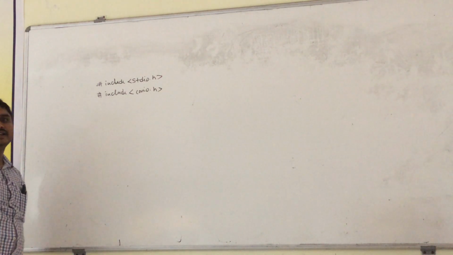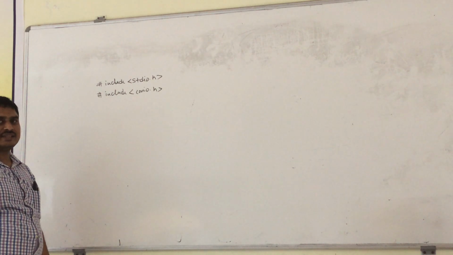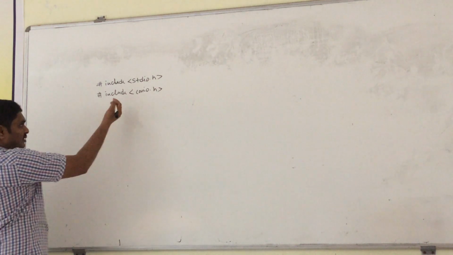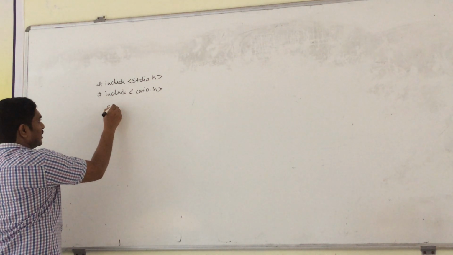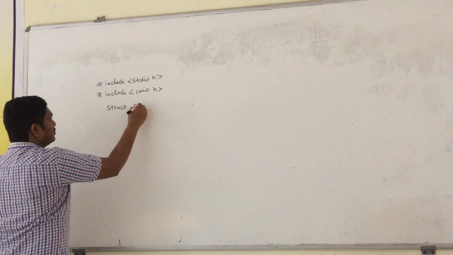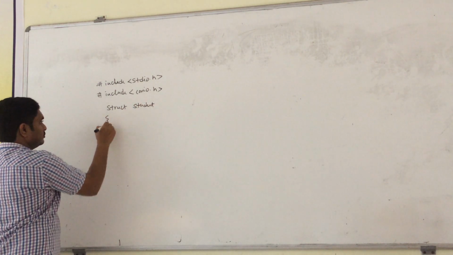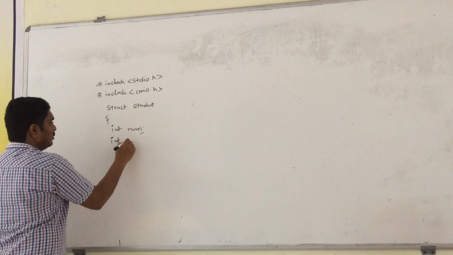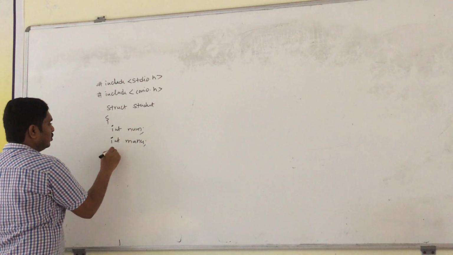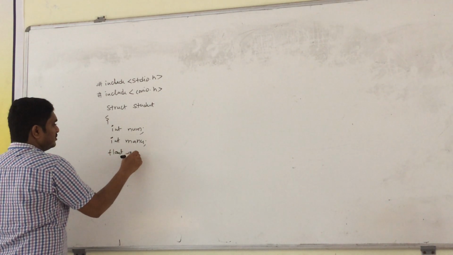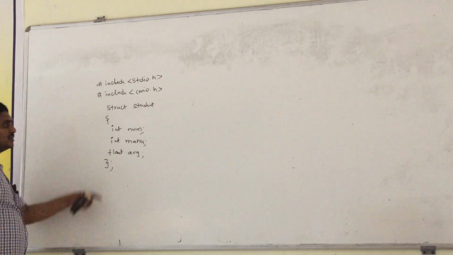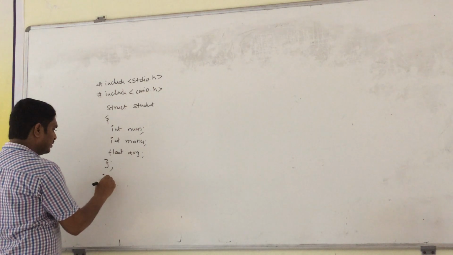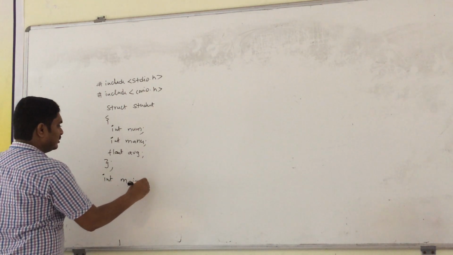Next we generally write int main, but the structure is always defined outside of the main. struct student { int number; int marks; float average; }. These are the structure elements and they are defined outside of the main. Then write int main.